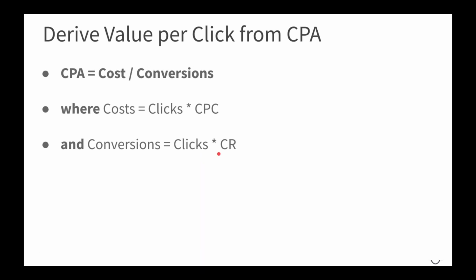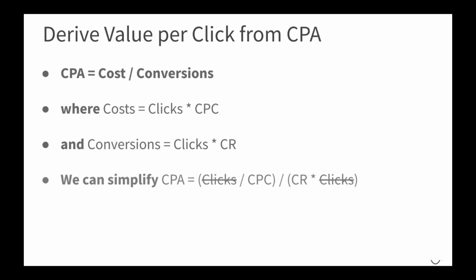So in this view, we could also imagine the conversion rate as the likelihood that a certain click will become a conversion. So if we put everything together, CPA equals clicks times CPC, divided by conversion rate multiplied by clicks. So we can really simplify things and have CPA equal to CPC divided by conversion rate.